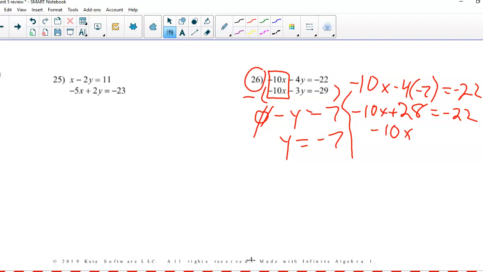When we do that, what would that equal? Negative what, Kylie? I think that's right. So x is 5. So our solution is 5, negative 7.